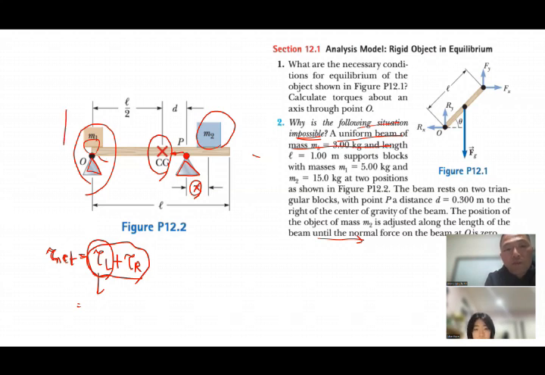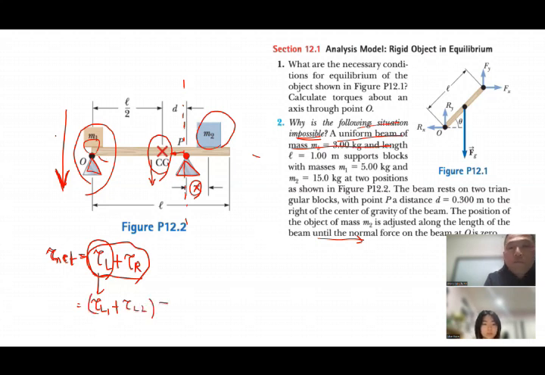So you have a down force from mass 1, and also a force downwards from the center of gravity. So the torque on the left-hand side about point P is delta L1 plus delta L2.